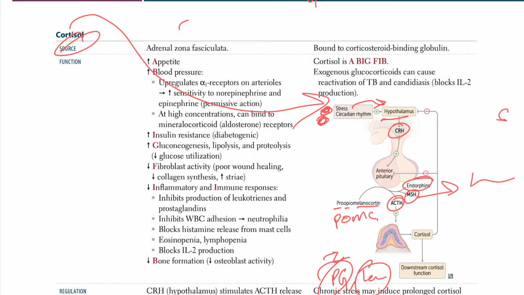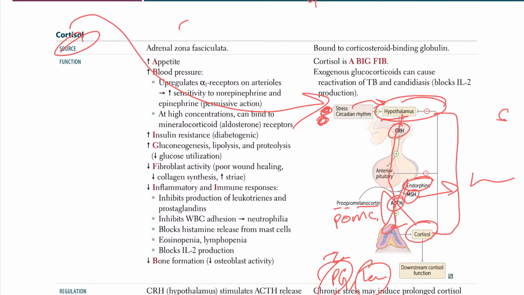MSH is going to cause hyperpigmentation. ACTH will go into the adrenal cortex and lead to formation of cortisol. When it is out, it causes inhibition of hypothalamus, which leads to no release of ACTH.